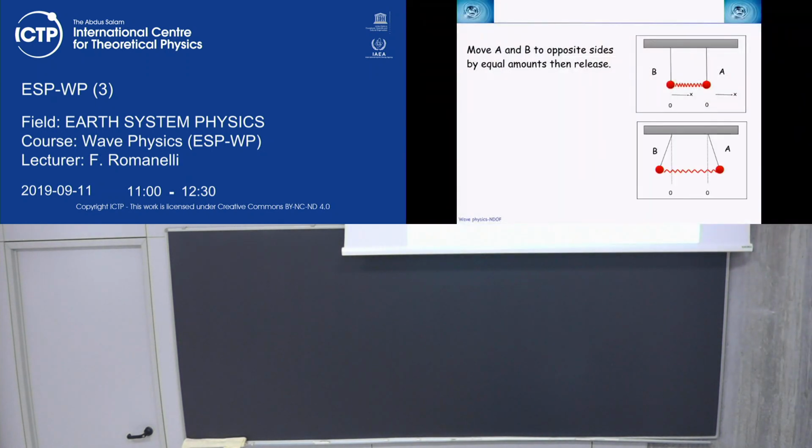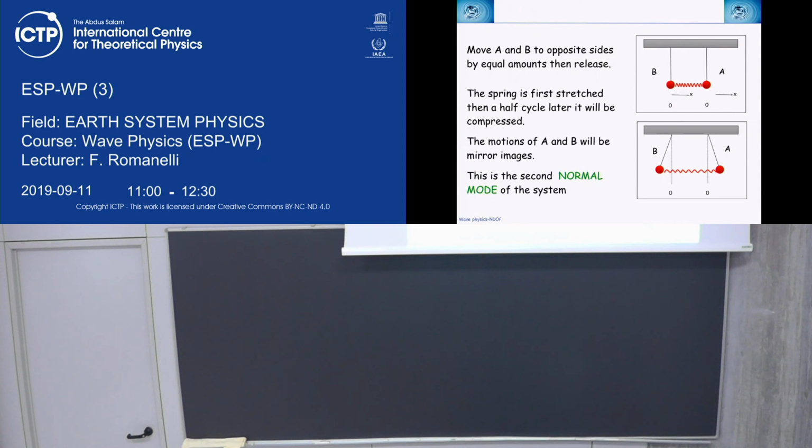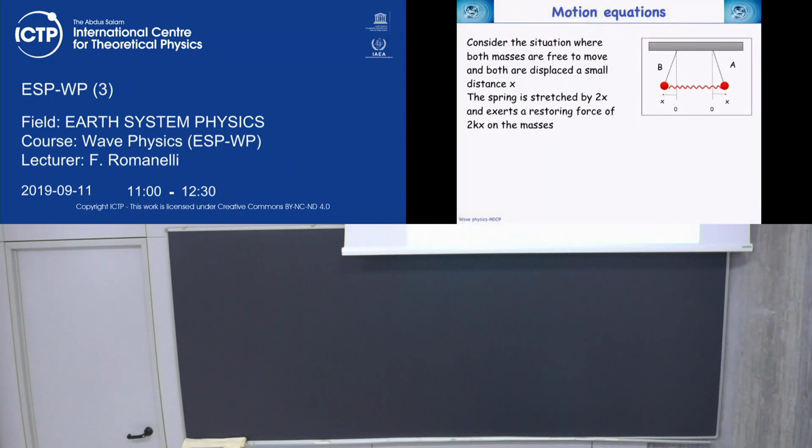Now we take the two masses and we separate them by the same amount but on opposite sides. Now it's time for the spring to act at its most. The restoring force at any time will be the largest one. And if you want to write them, now the equations will contain the coupling.